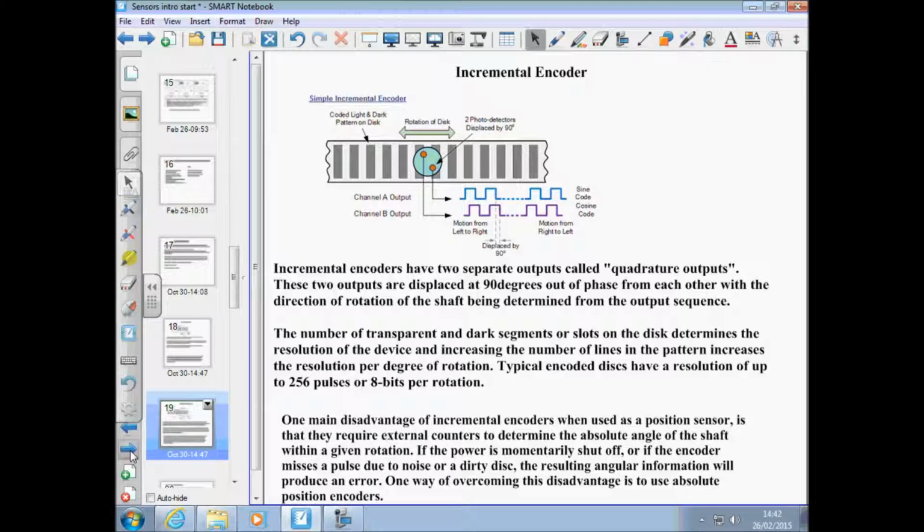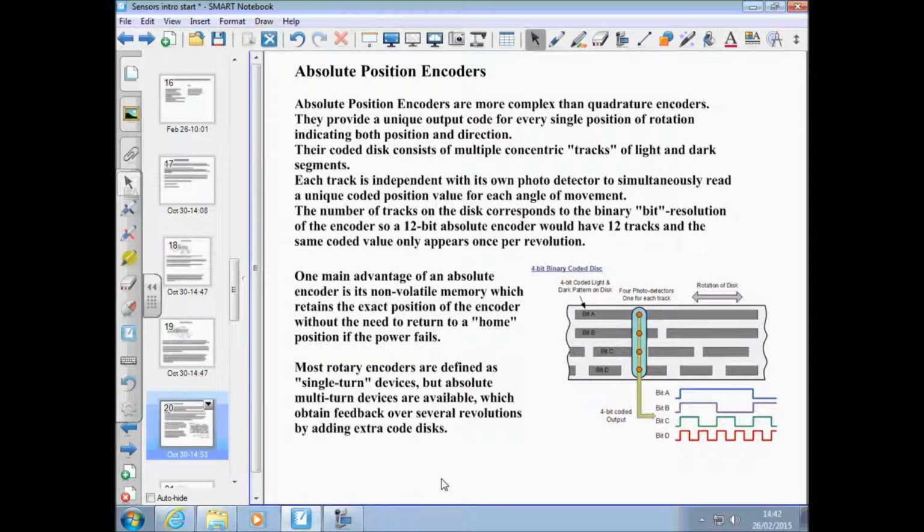One way to overcome that situation of it not knowing where it is, is to use absolute position encoders. What these do is they provide a multi-bit code that is unique for each position that you want to detect. So the more bits you have, the more positions.